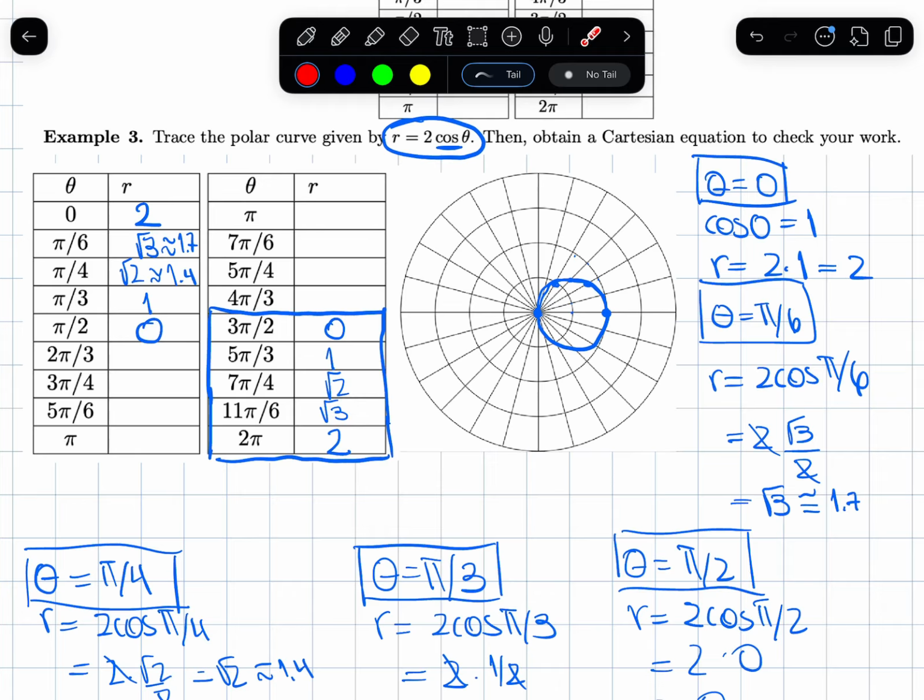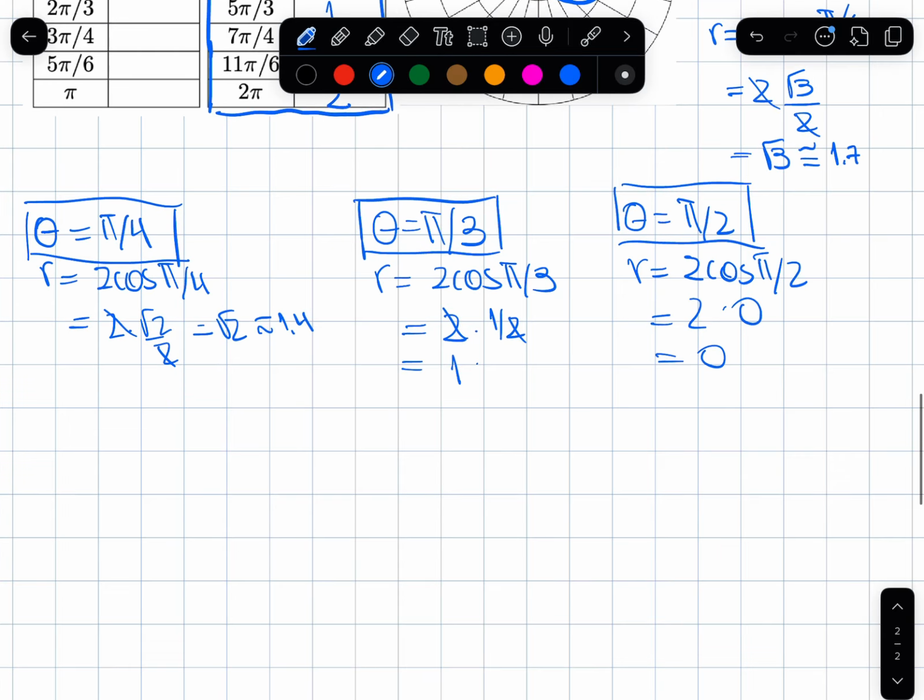How can I make sure that this is in fact a circle, and that I'm not just making an assumption because I'm hoping that it's a circle? So I'm going to take this equation, r equals 2 cosine theta, and I'm going to remember two things.